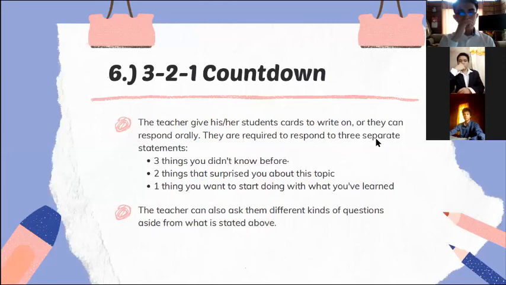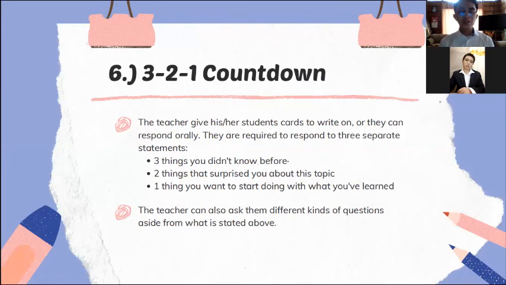So for number 6, 3, 2, 1 countdown. The teacher gives his or her students cards to write on, or they can respond already. They are required to respond with three separate statements. So 3 things you didn't know before, 2 things that surprised you about this topic, 1 thing you want to start doing with what you've learned.